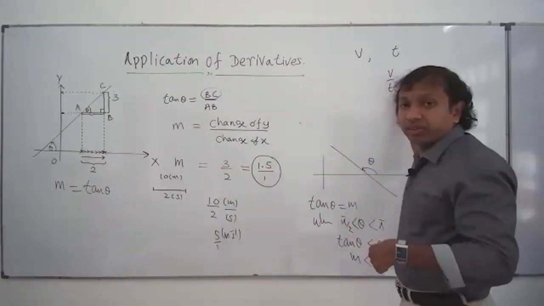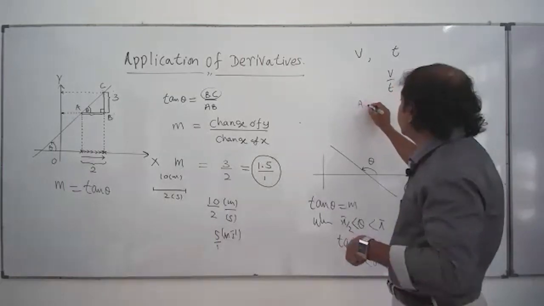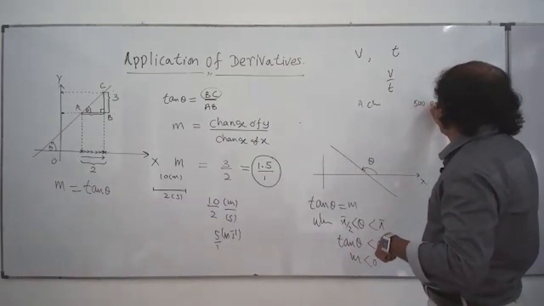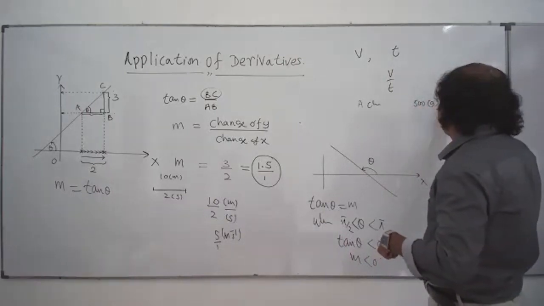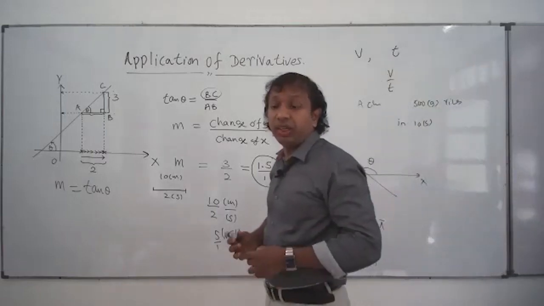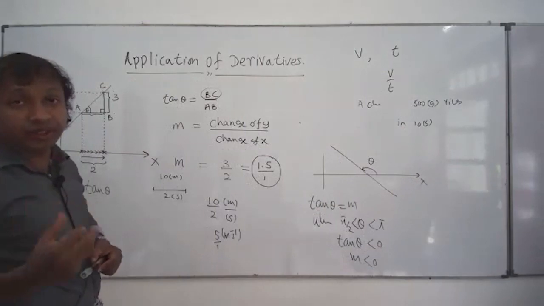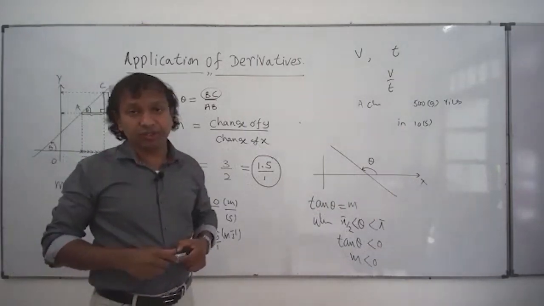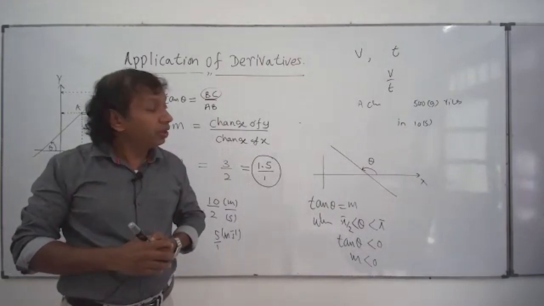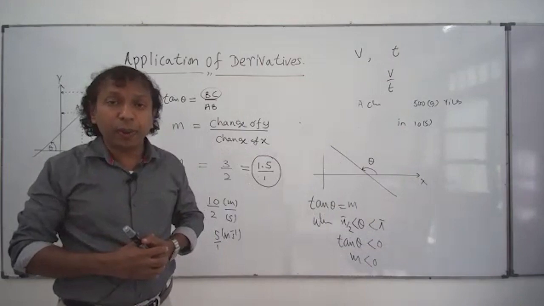If we consider another example, suppose a child can eat 500 grams of rice in 10 seconds. So now we need to find the rate of eating rice. Rate of eating rice means what, people?